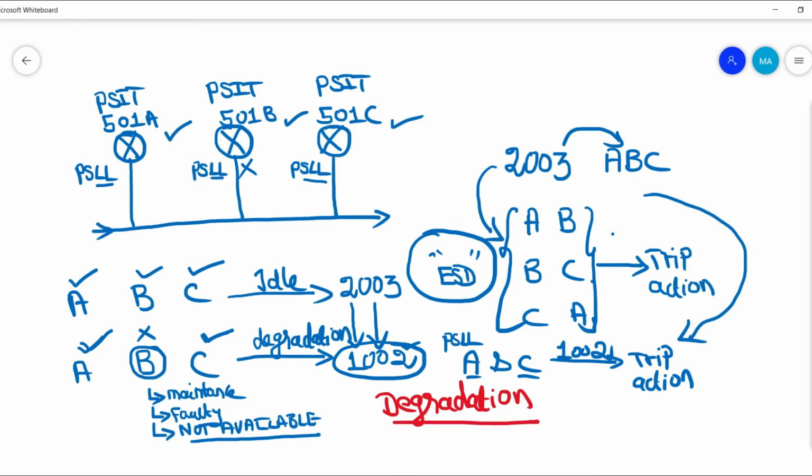Basically any voting logic would be degraded to a lower level for process safety management. That's a very important word. In order to protect the asset, environment and equipment, we degrade the logic for process safety management compliance. So this is called degradation logic.